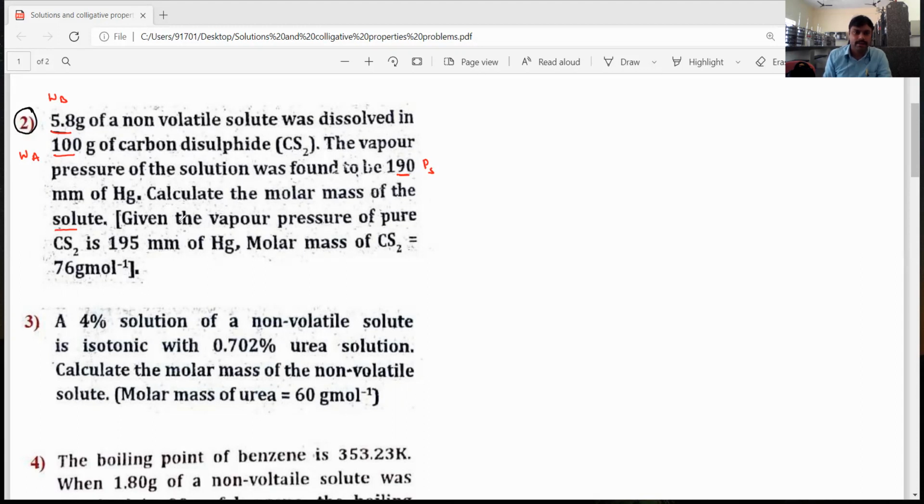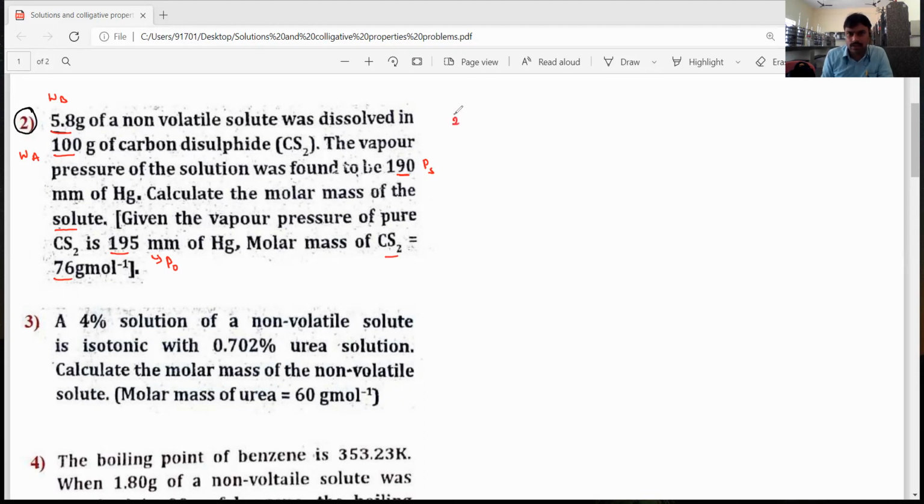The given vapor pressure of pure solvent carbon disulfide, P naught, is 195, and we need to find the molar mass of solute. The gram molecular weight of CS2, carbon disulfide, is given as 76.